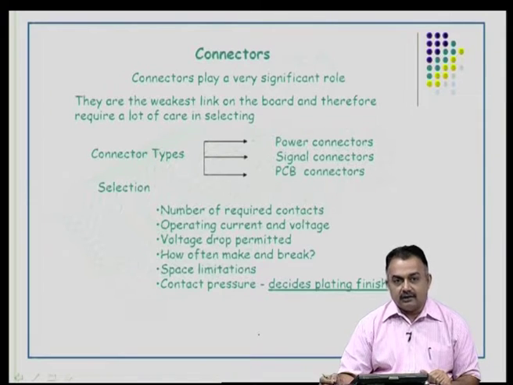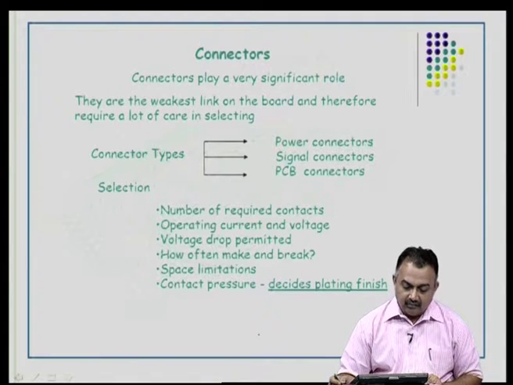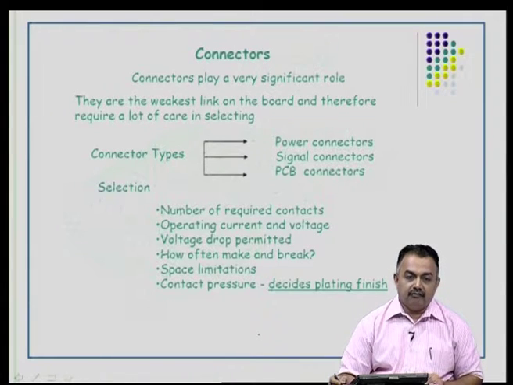Now, these connectors, very often we do not give due importance to the connectors. We normally give importance to the active devices, but connectors, let us say, for one printed circuit board to another printed circuit board, play a very significant role.